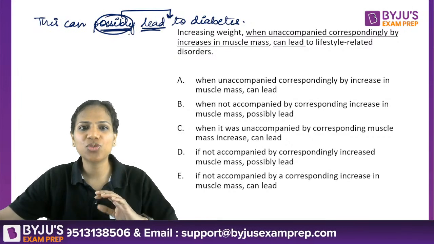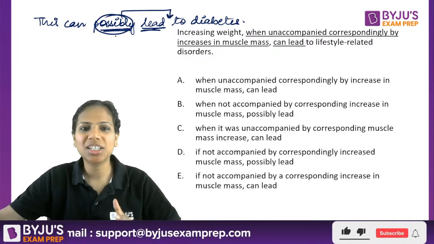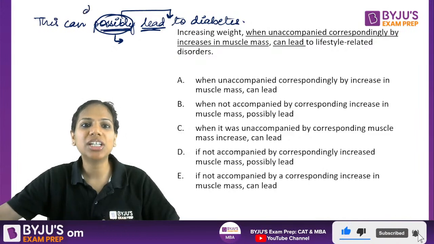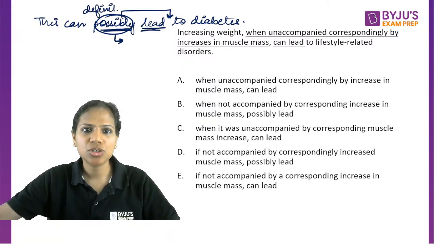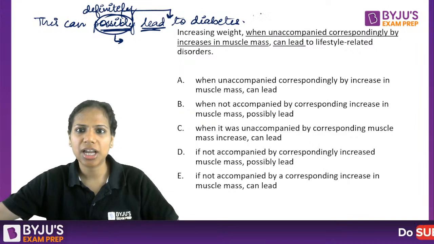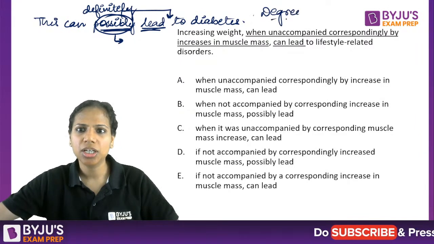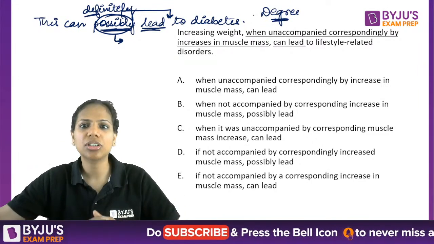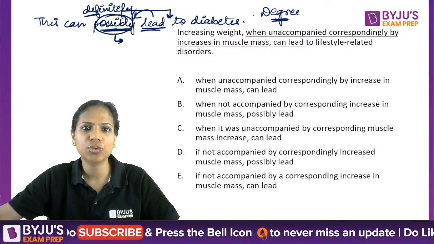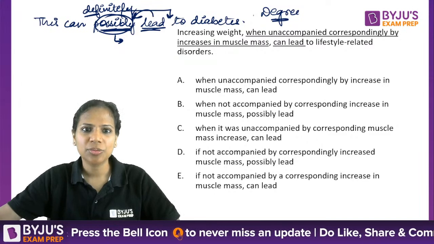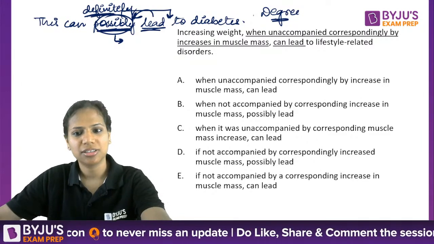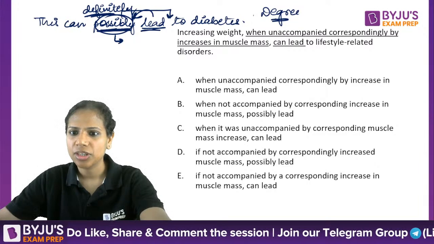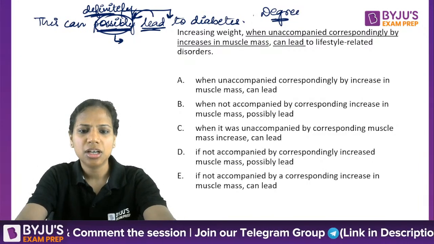These are called adjectives of degree, when I'm not certain about something. Instead of saying this can definitely lead, instead of saying okay, I am sure, I'm saying this can possibly lead. So the degree adjective should be placed before the verb. Okay, possibly, definitely. All right. Now E is the answer here.